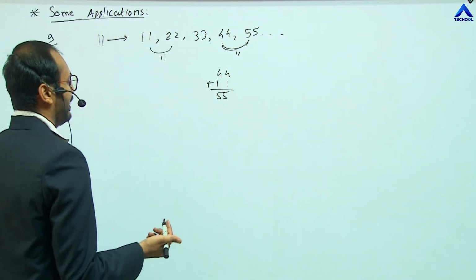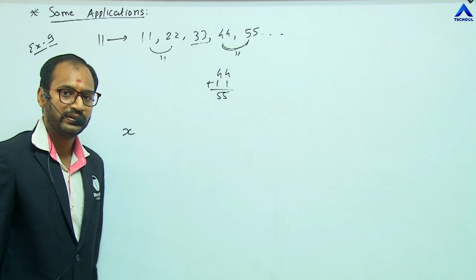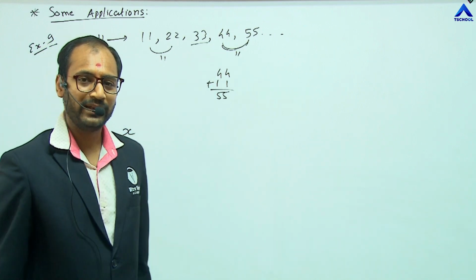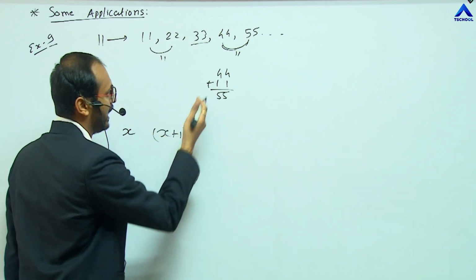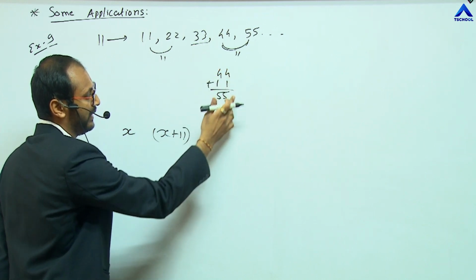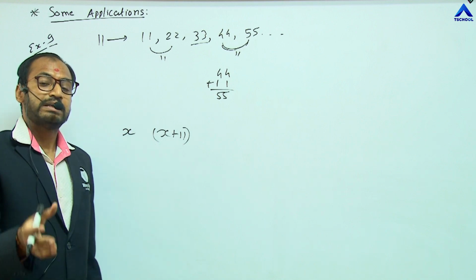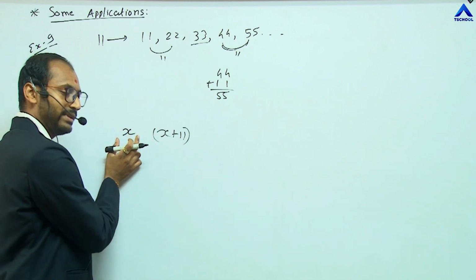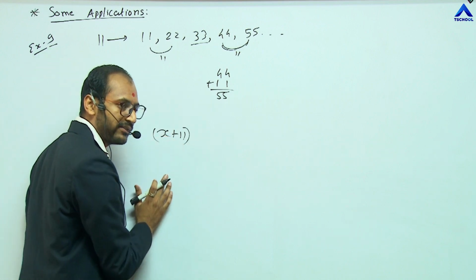Let me guess that one multiple is x. So what is the next multiple? That is x plus 11, as we know that if we add 11 to the previous multiple, we get the next multiple. So the starting multiple is, suppose, x. Then the next multiple is x plus 11.